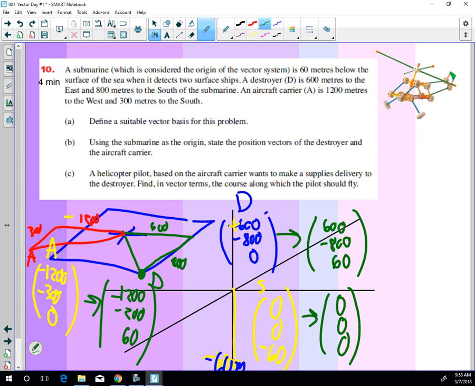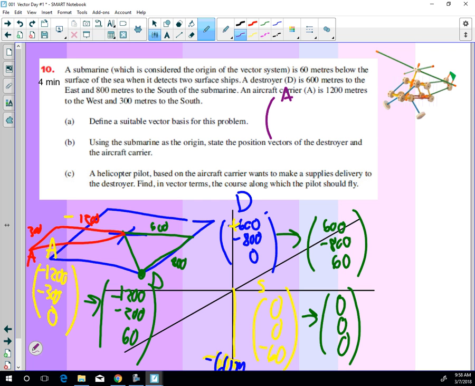Okay, a helicopter pilot based on the aircraft carrier wants to make a supply delivery to the destroyer. Find in vector terms the course along which the pilot should fly. So the pilot's going from the aircraft carrier to the destroyer. So the aircraft is at, should we use which one?